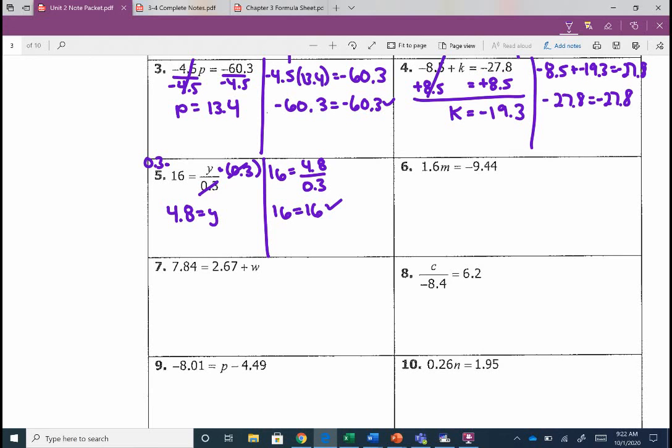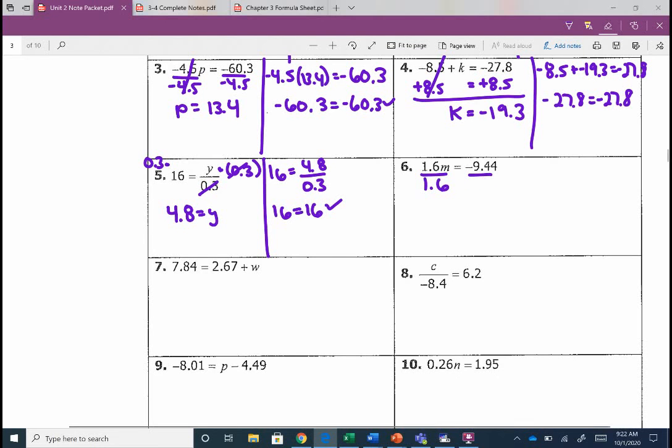In number 6, we have 1.6 times m. So to undo multiplying by 1.6, we need to divide by it. Oop, not a negative. Just a positive. So negative 9.44 divided by 1.6.